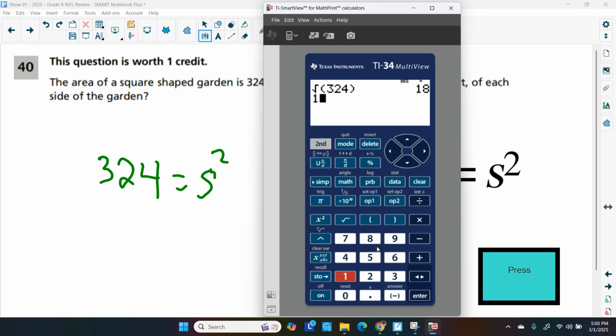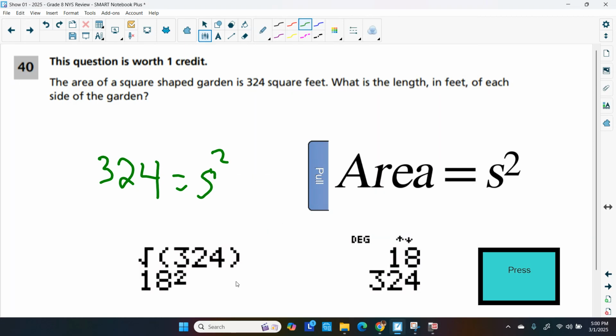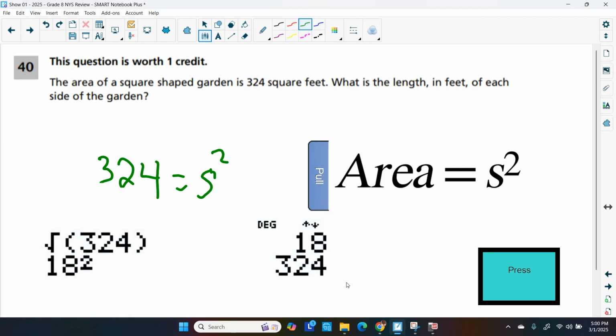And I can check it. If one side is 18, 18 to the second power, squared, that should equal 324. And yes, it does. So there we have it. Our answer is 18.